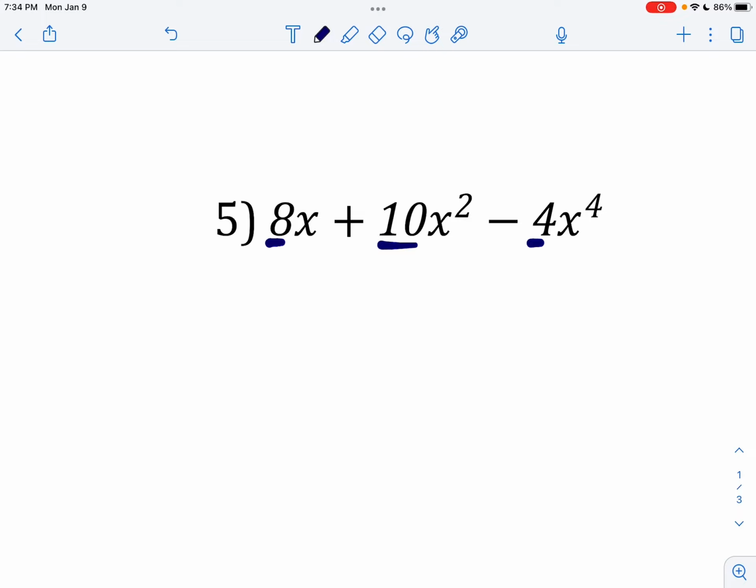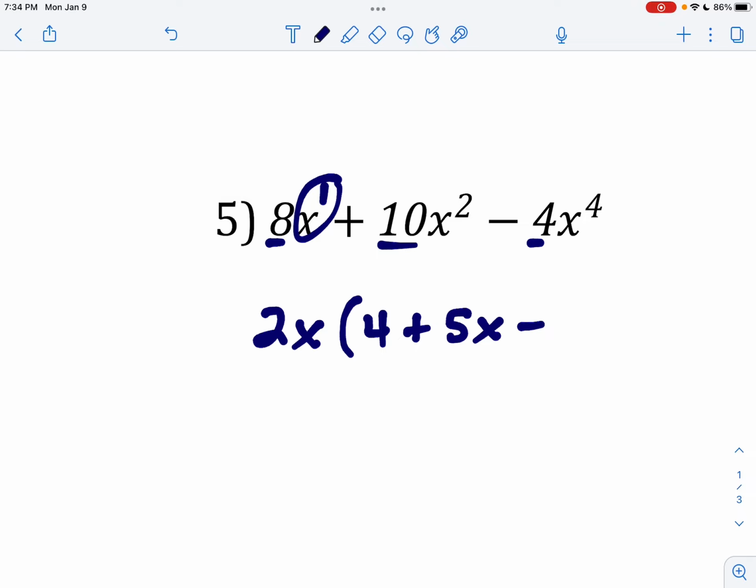And out of that, the greatest common factor would be a 2 and an x to the first power, because this one doesn't have any more than one x. So then what do I have left? I have 4 plus 5x minus 2x to the third. If I multiply it back, I can see that it matches.